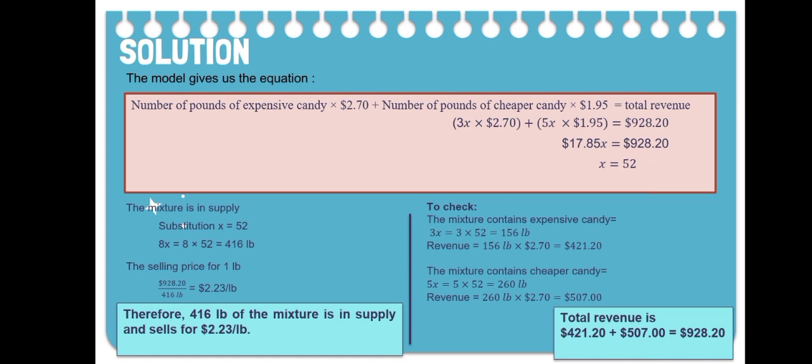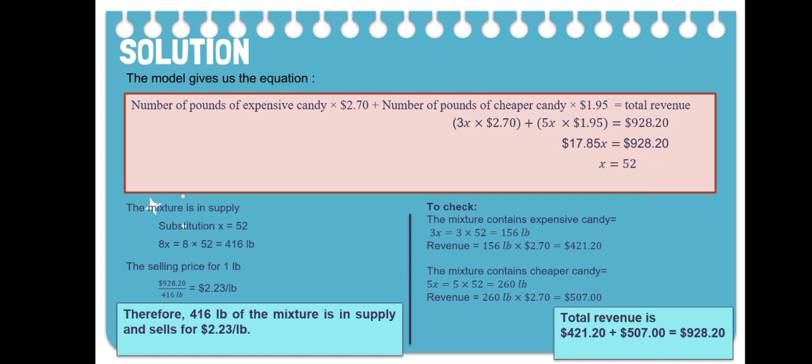To find x, we have to divide both sides by $17.85. So $17.85x divided by $17.85 is equal to x, and $928.20 divided by $17.85 is equal to 52. So x is equal to 52.